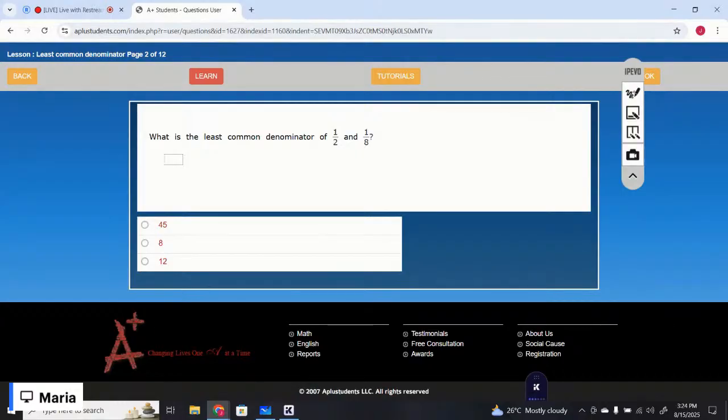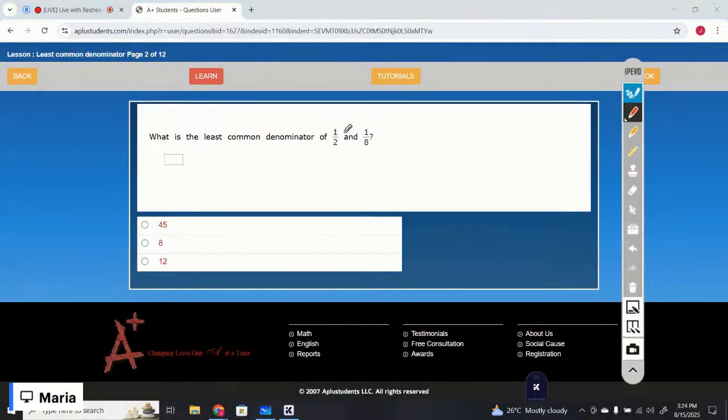What is the least common denominator of 1 by 2 and 1 by 8? Let's just write down the multiples of 2 and 8. 2 times 1 is 2. 2 times 2 times 2 is 8.